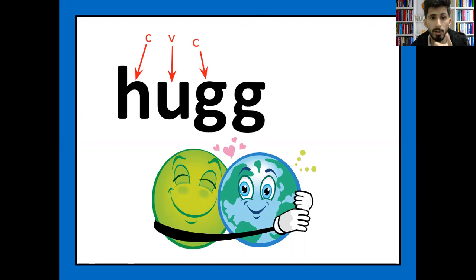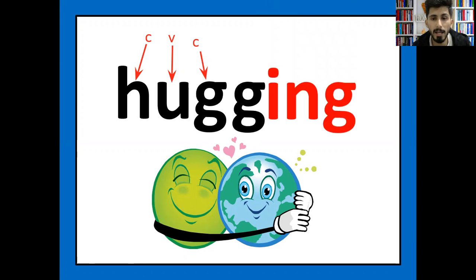Why? Because we've got consonant, vowel, consonant. Whenever you have CVC, first you duplicate the last consonant letter, then you add ing. Hugging, okay, that's good.